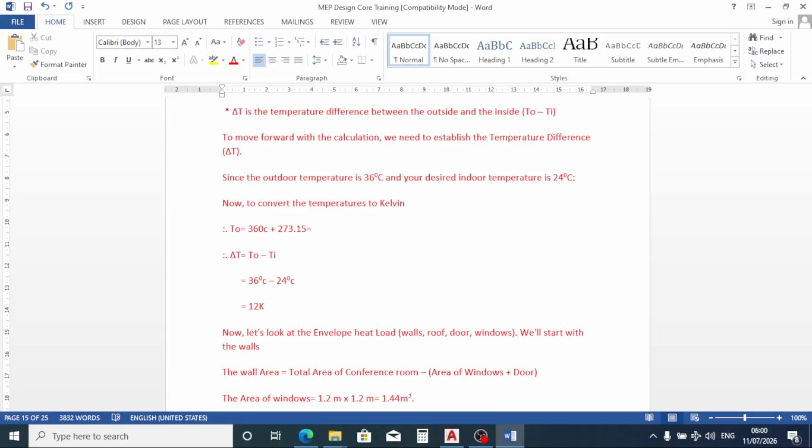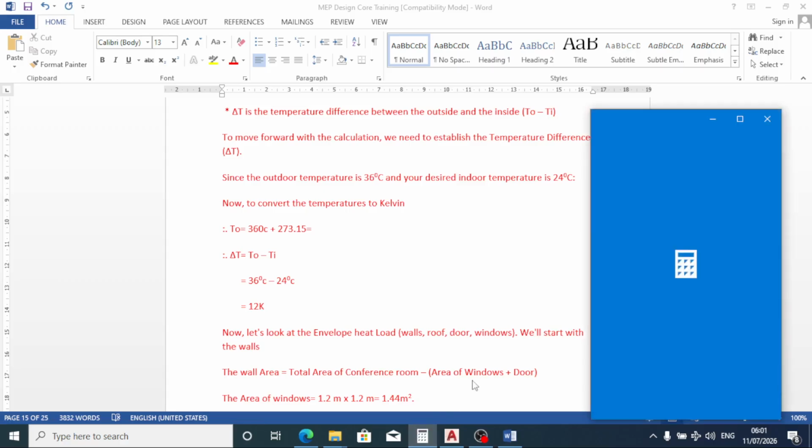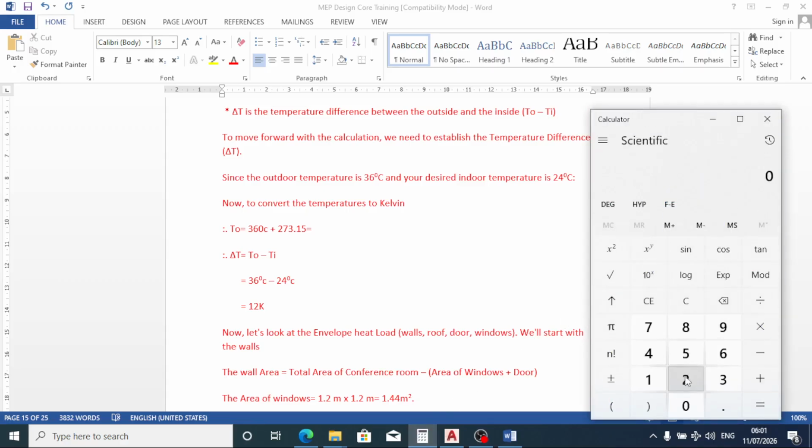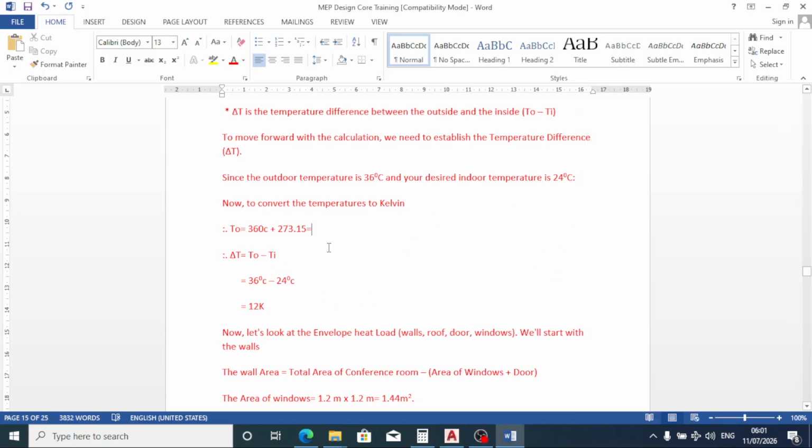I believe we all recall converting degrees Celsius to Kelvin means you add the temperature to 273.15, right? And that will give us 309.15 Kelvin.